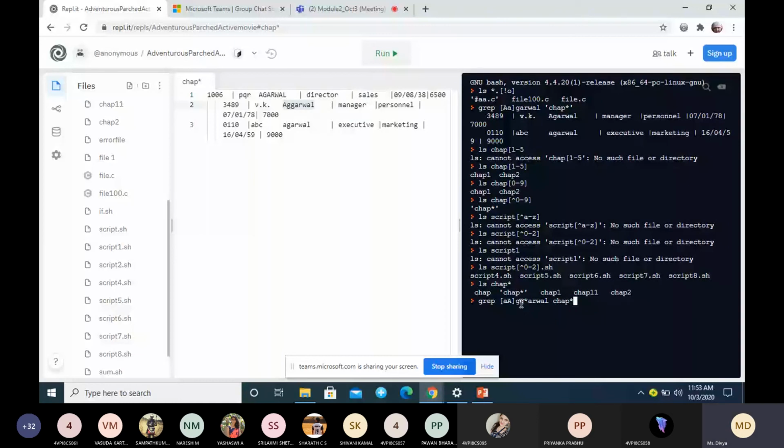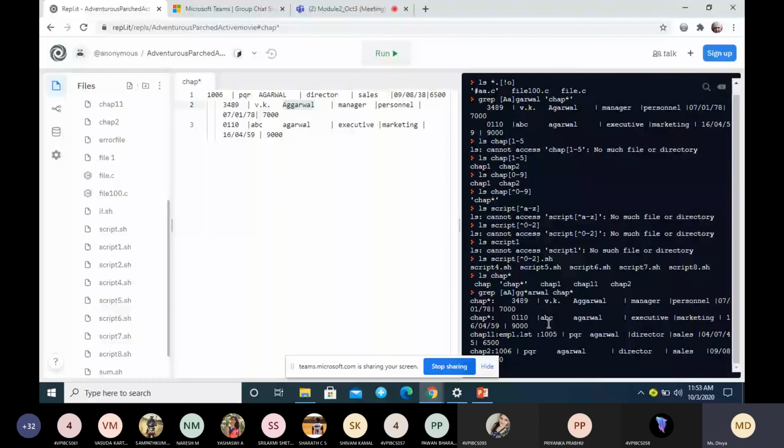Next one is ARWAL. So what will this do? This will match CHAP star. CHAP star means it will match all these files, CHAP1, CHAP2.